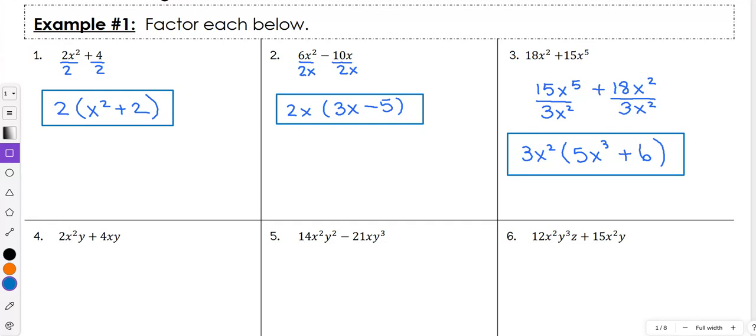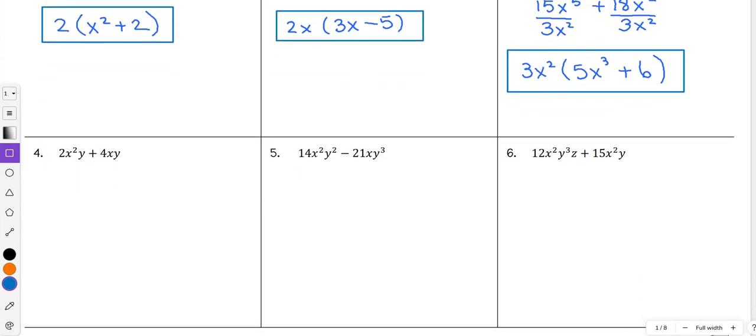Now, when you have multiple variables, such as 4, 5, and 6, we're not going to rearrange anything. We leave it exactly as is, just because I'm not really sure what way they want me to do it. And sometimes by me rearranging it, I end up having to rearrange again. So I don't do it. I just start with the GCF factoring process. I can divide both these terms by 2, both these terms by x, and both these terms by y.